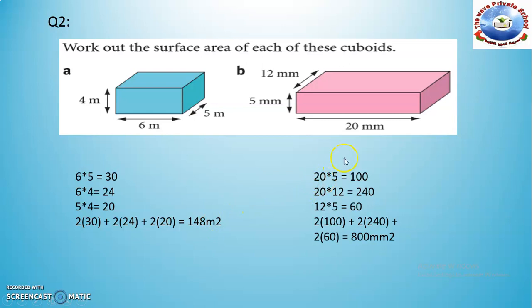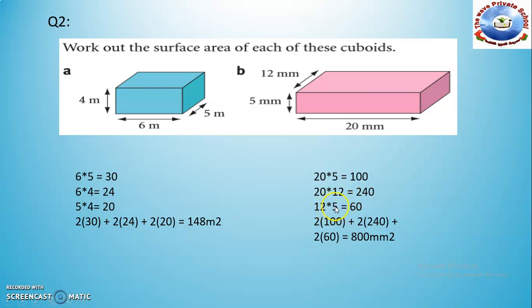Same like that, length is 20 millimeter, width is 5 millimeter and height is 12 millimeter. So length multiplied by width, 20 into 5, is equal to 100. Length is 20 and height is 12, so when you multiply, it will be equal to 240. Now width is 5 and height is 12.